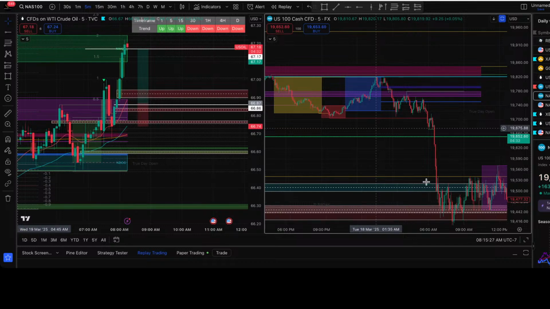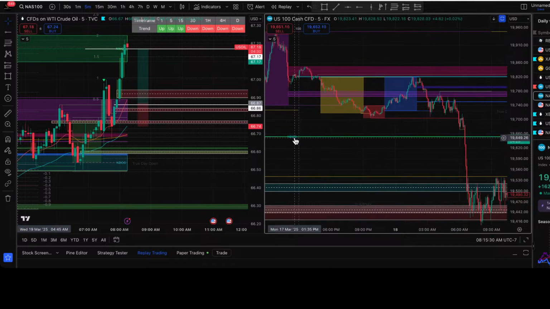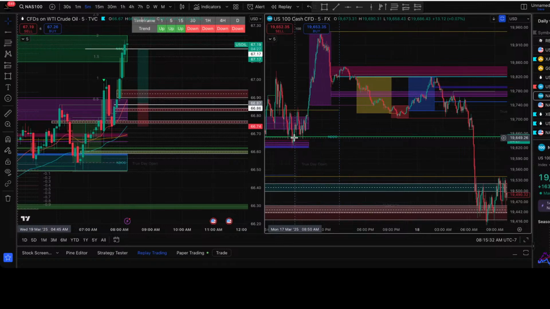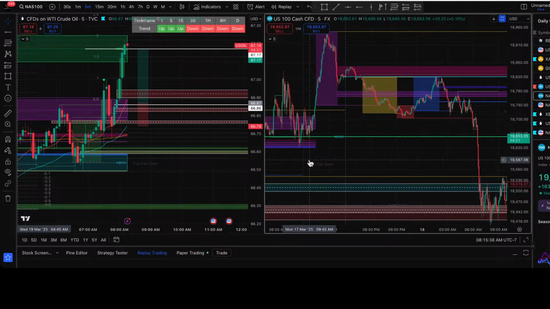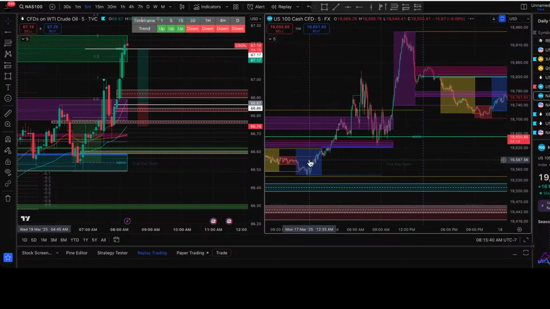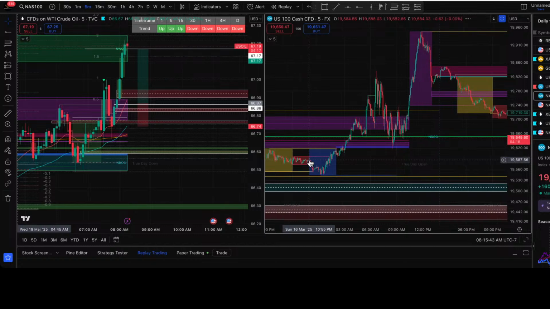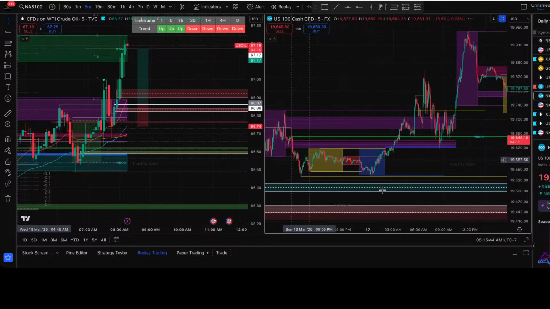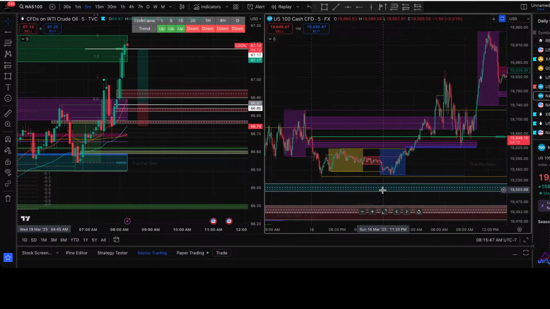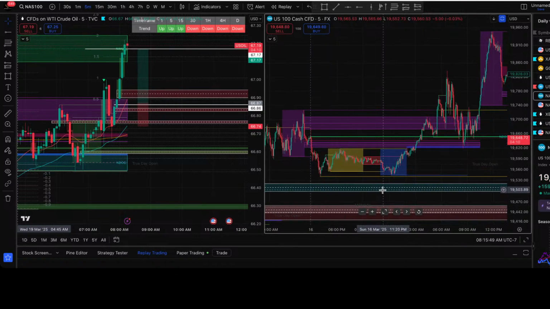Yeah, Tuesday we didn't get much price action yesterday, for anybody who was following us live. Let's look at Monday. Okay, there's Monday, just using the blue zone strategy and nothing else.